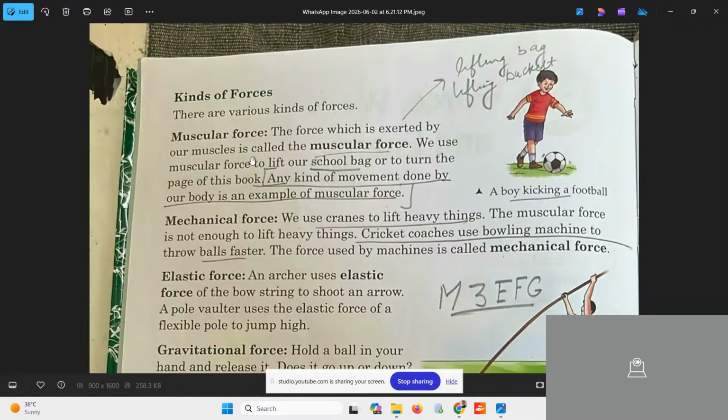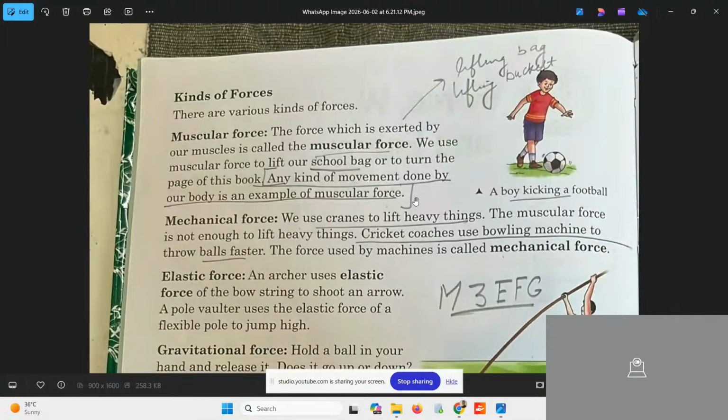Any activity where you feel a muscle is involved is muscular force. Other examples are lifting your school bag, opening the door, closing the door. Any kind of movement done by our body is an example of muscular force.